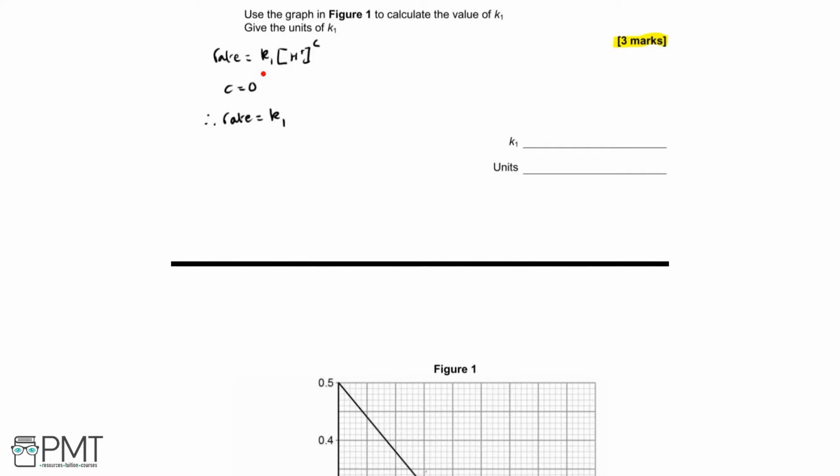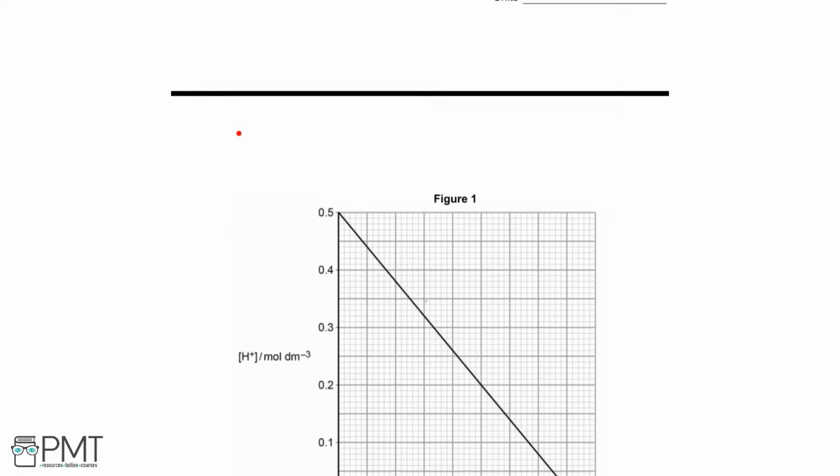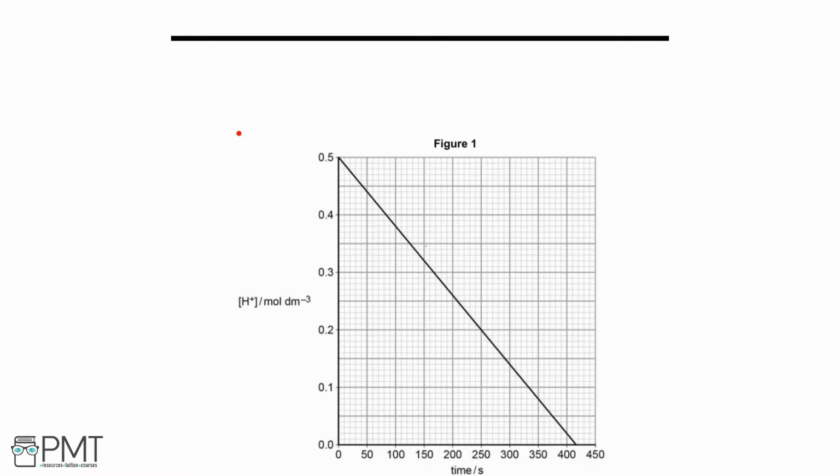So all we need to do in order to find the value of K1 is simply find the rate of reaction, which we can do by using the graph, as it's going to be equal to the gradient, which we can see here. So the gradient is equal to concentration over time, which is equal to our rate of reaction.